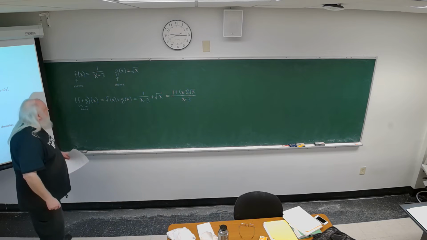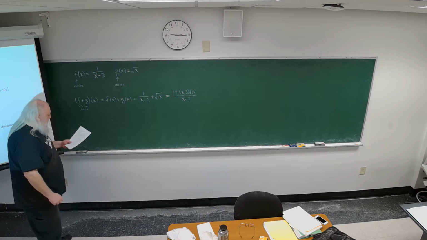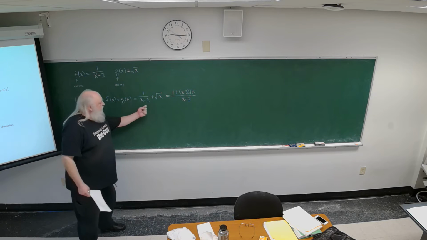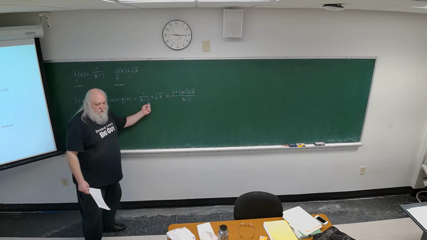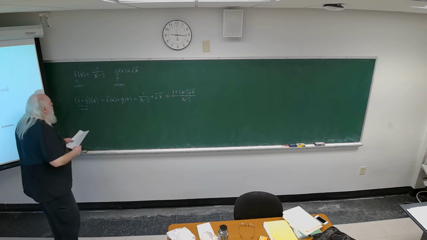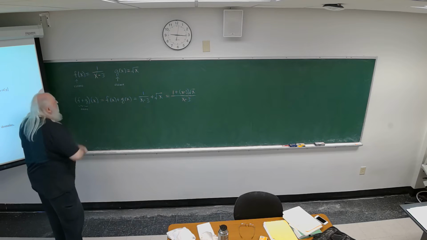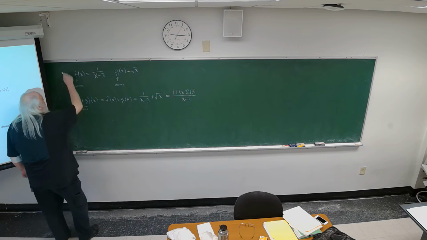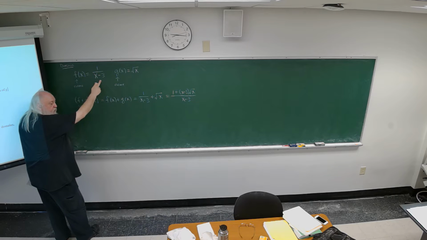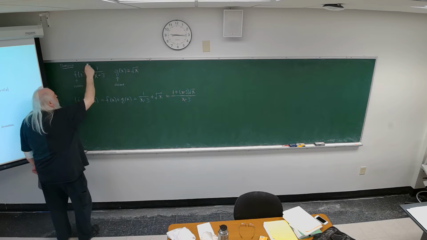Now, what's the domain for this function? The domain is all the real numbers we can put in for x on the right hand side such that the value of the function is a real number. The domain of f of x is all real numbers except for the number 3; x can't equal 3.